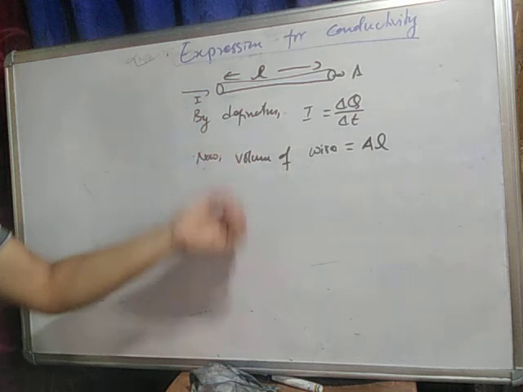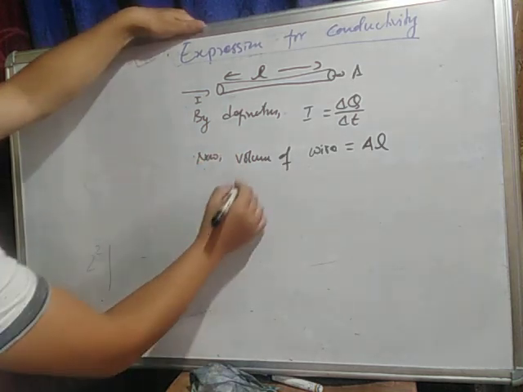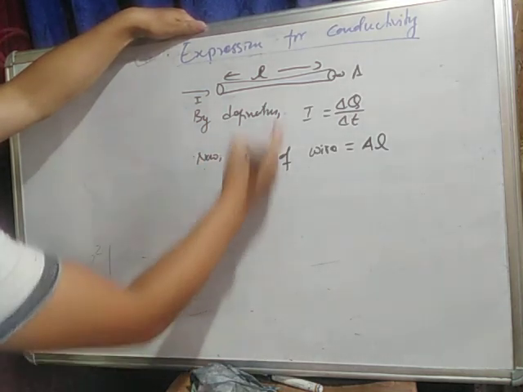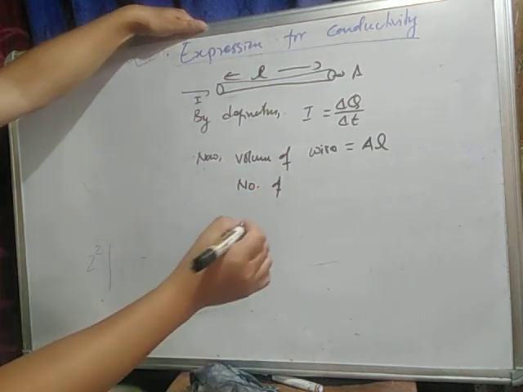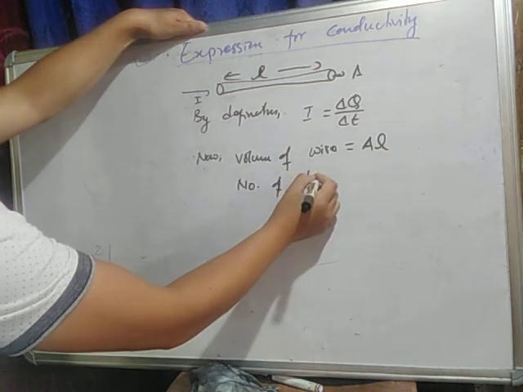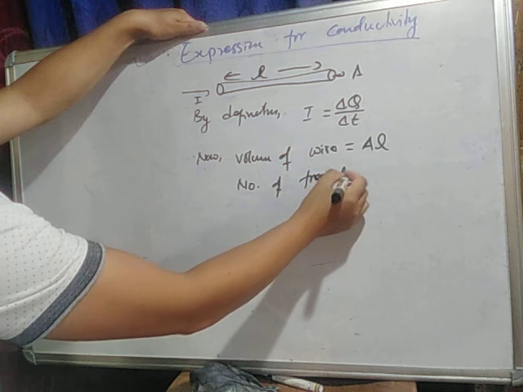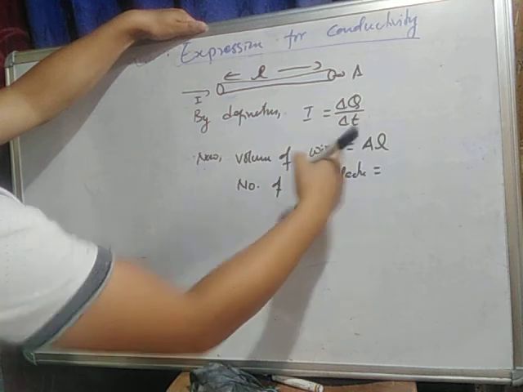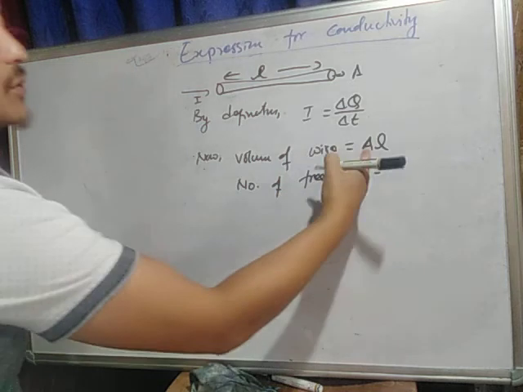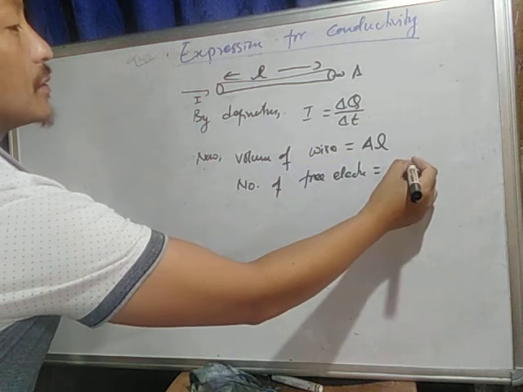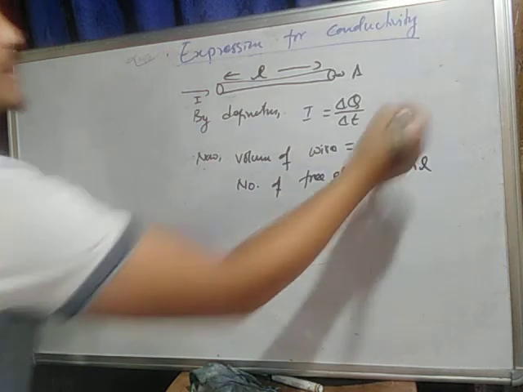So write the number of free electrons in this volume, how much? n is per unit volume, isn't it? So this is a unit volume, so n A L.